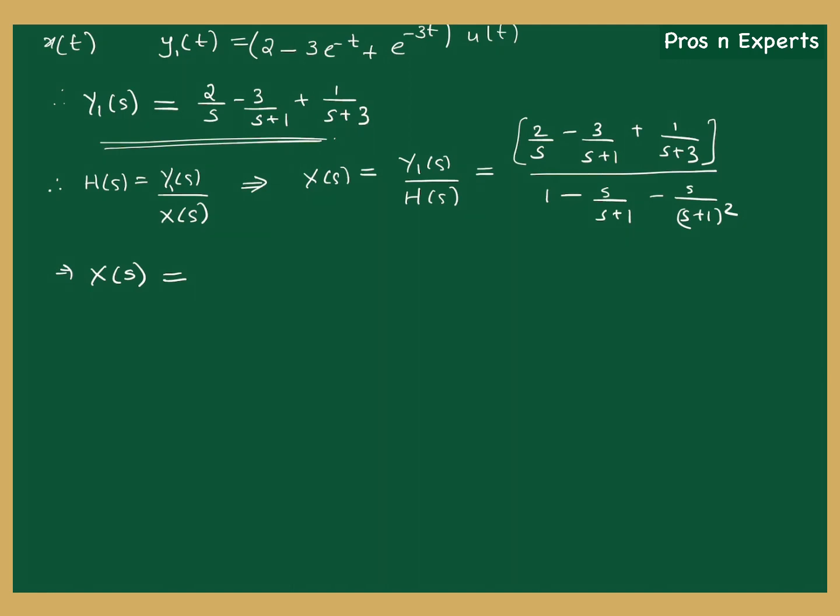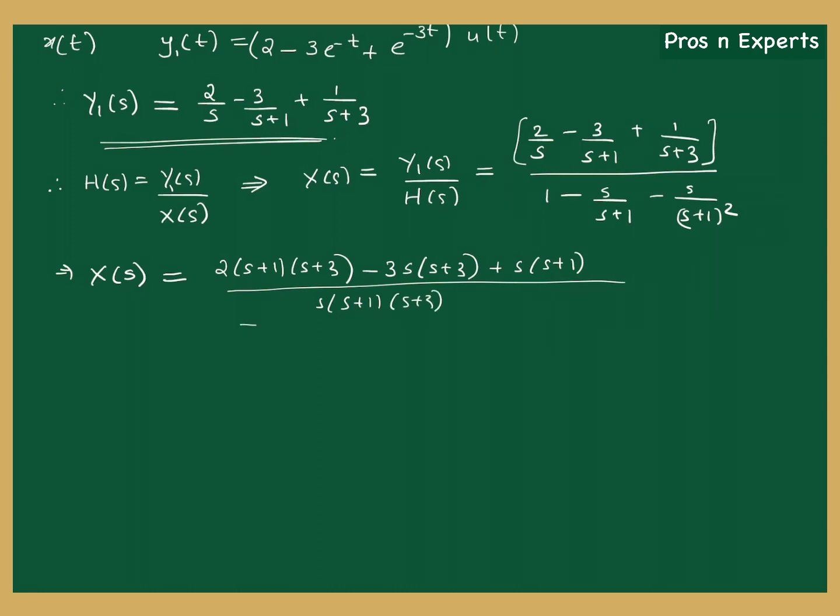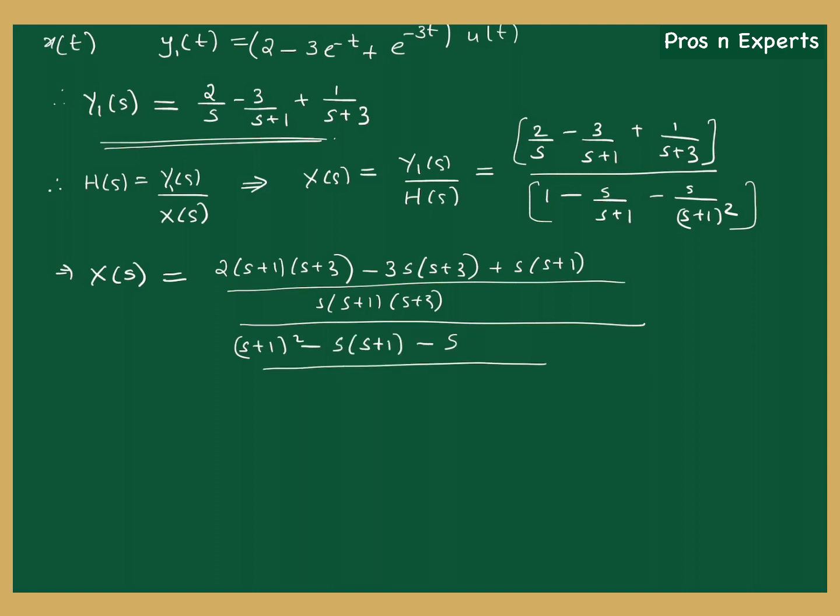LCM will give you 2 into (s plus 1) into (s plus 3) minus 3s into (s plus 3) plus s into (s plus 1), whole divided by s into (s plus 1) into (s plus 3), divided by, I have to take the LCM of the denominator, which is (s plus 1) the whole square minus s into (s plus 1) minus s, whole divided by (s plus 1) the square. You can cancel one (s plus 1) here. Again we can simplify it.